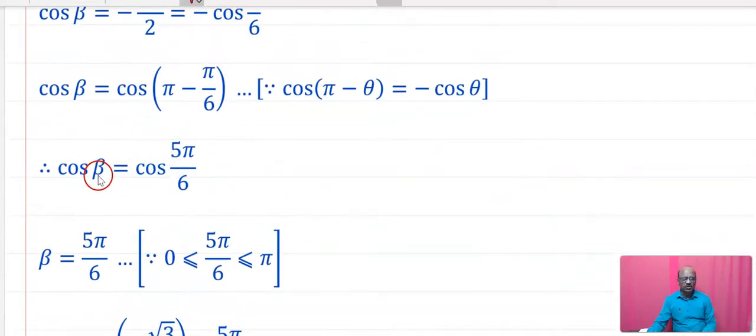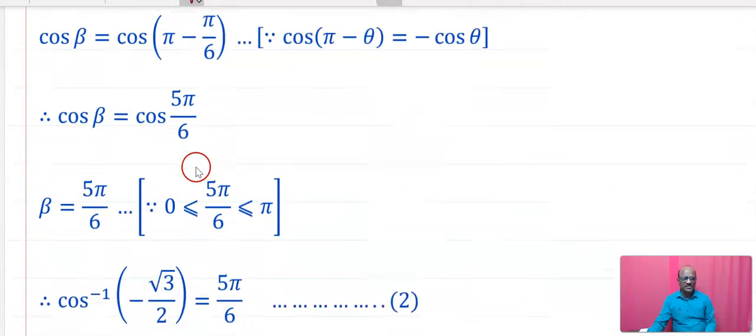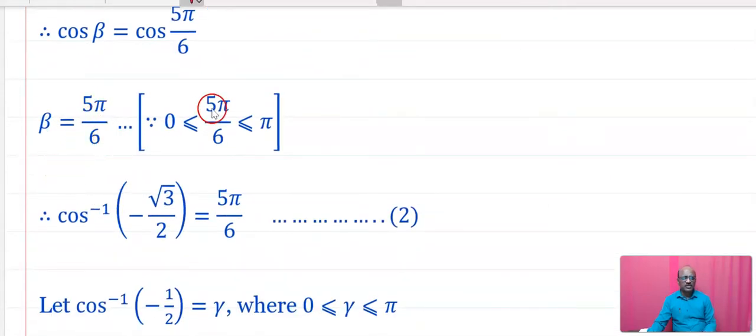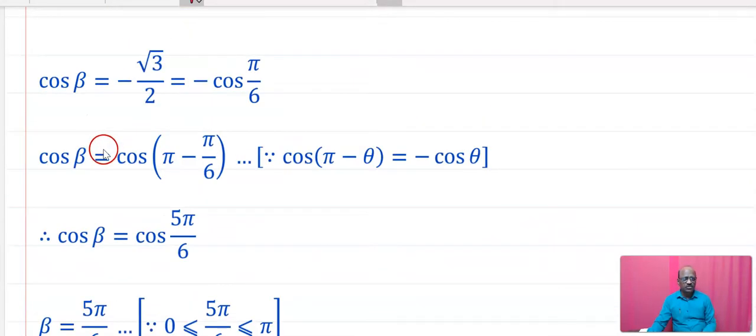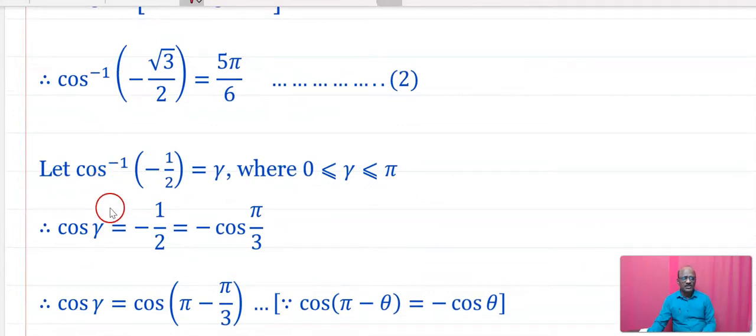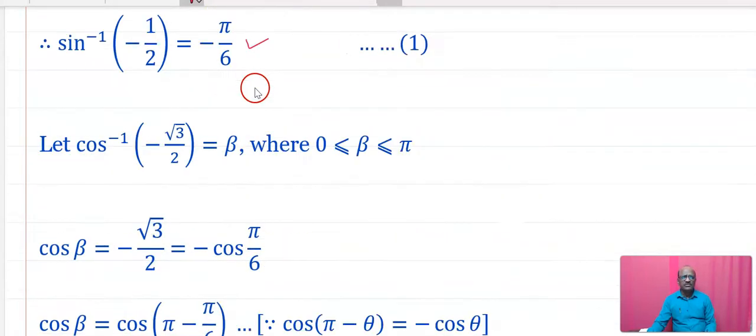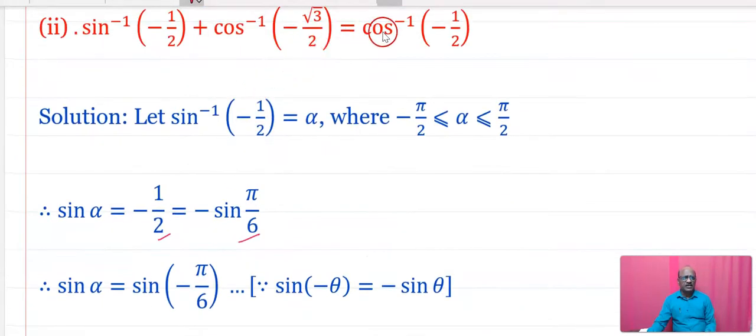Here cos of beta is equal to cos of 5 pi by 6, and hence beta is equal to 5 pi by 6, where 5 pi by 6 lies between 0 to pi, and that's why cos inverse of minus root 3 by 2 is equal to 5 pi by 6.